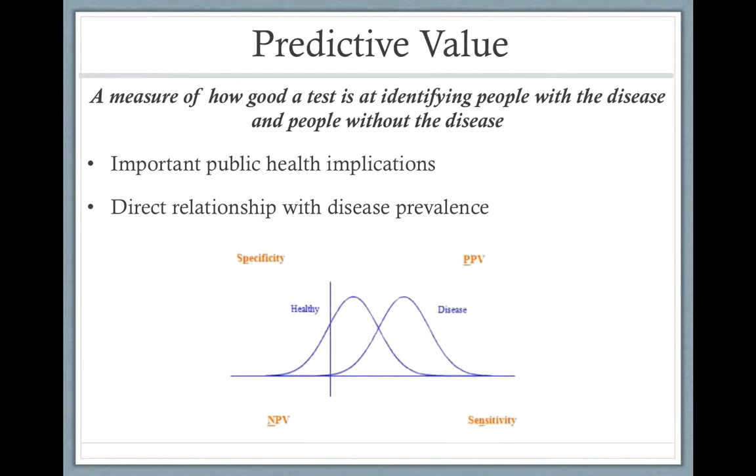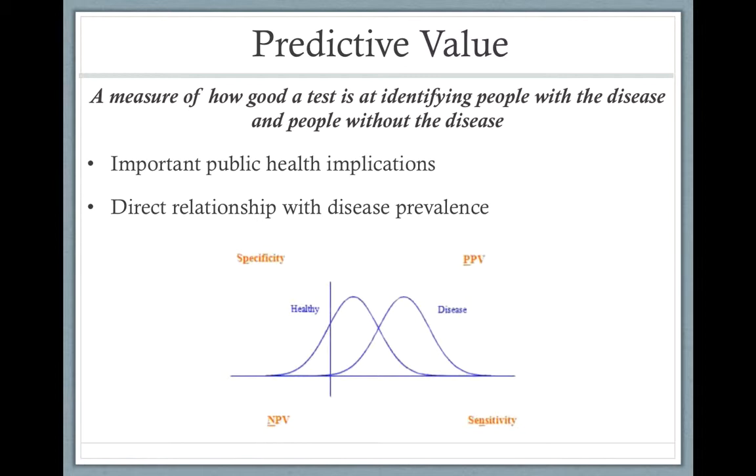So that is what is meant by a direct relationship with disease prevalence. The negative predictive value has that same relationship with prevalence, but in the opposite way. So in a lower prevalence, we're going to be better at predicting that people don't have the disease, and we'll have a higher negative predictive value.